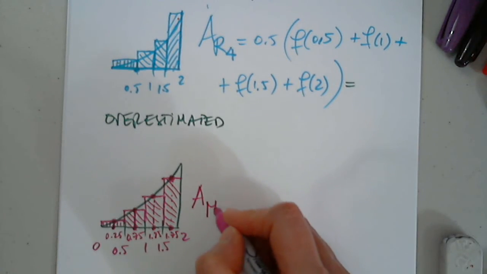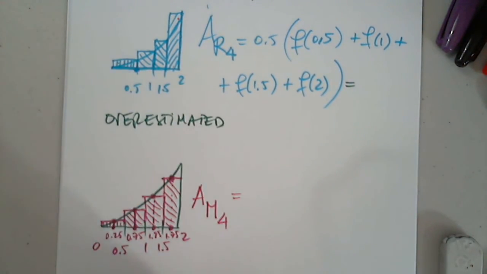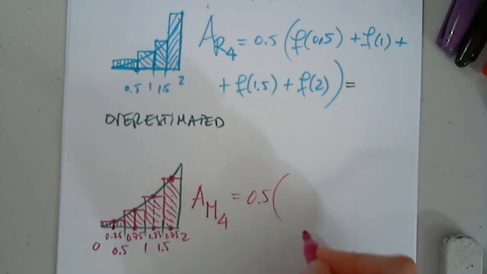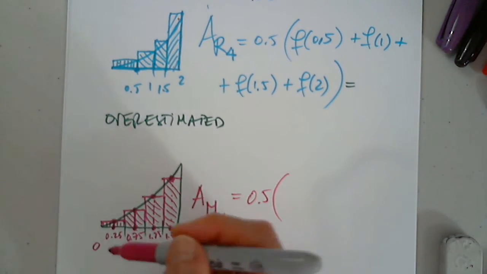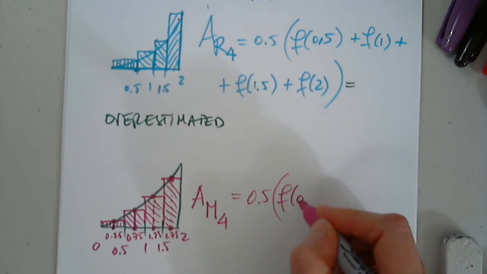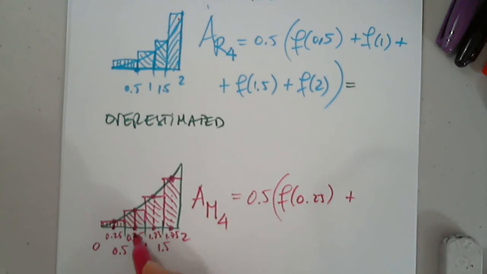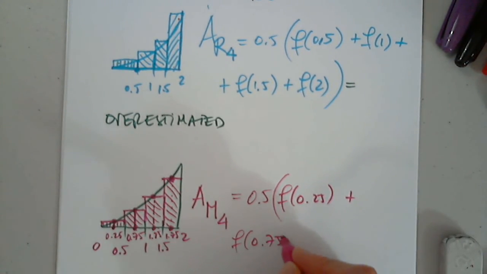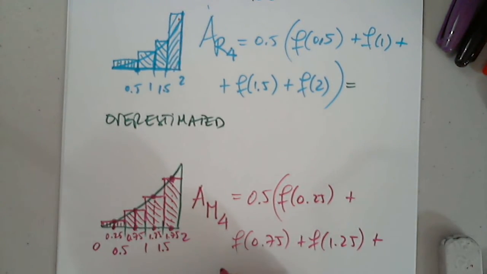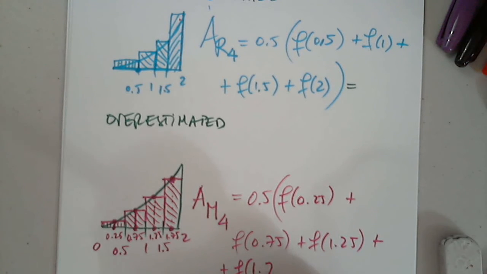This time the area with the midpoint of 4 subintervals will be still 0.5 outside, base. So height, f of 0.25 plus f of 0.75 plus f of 1.25 plus f of 1.75.